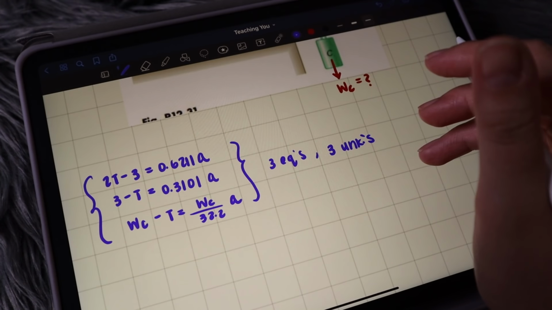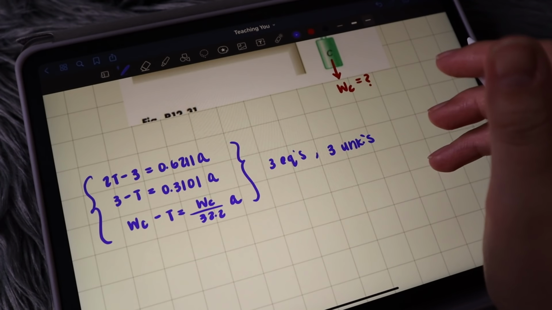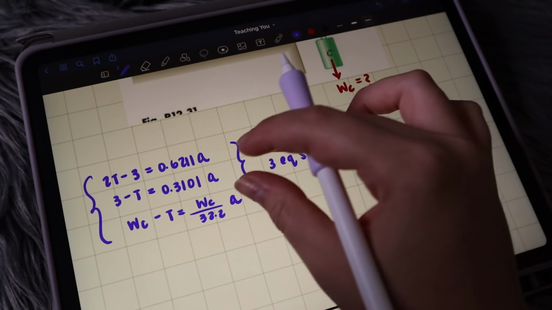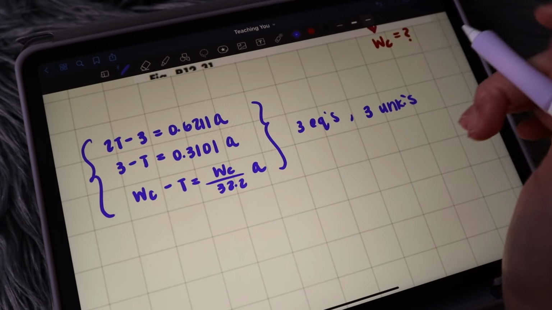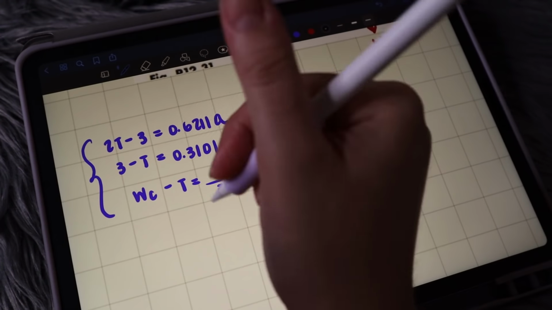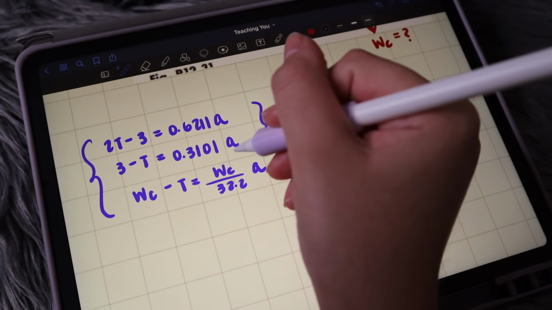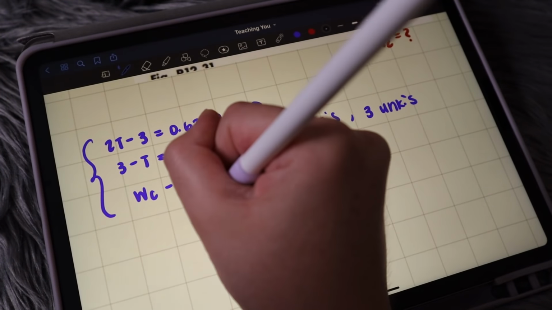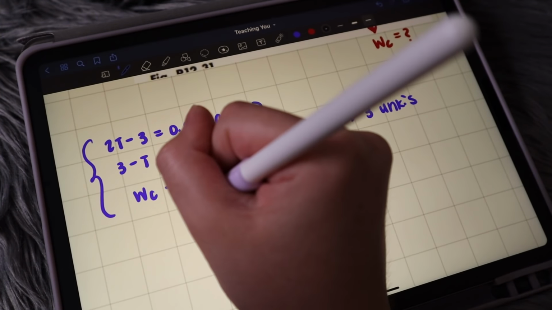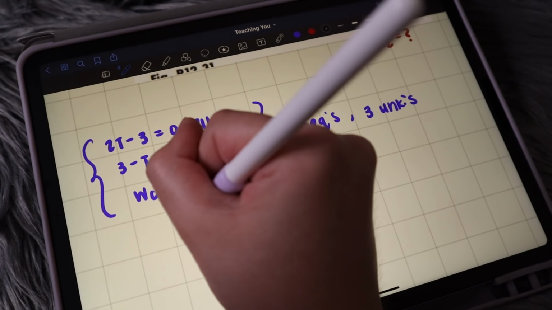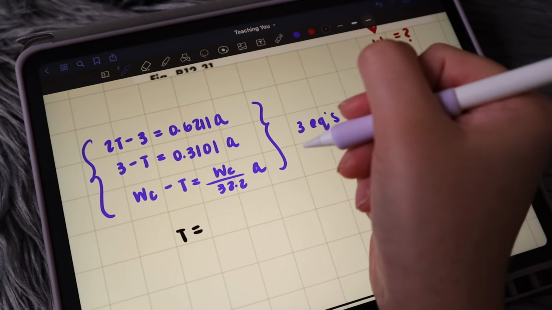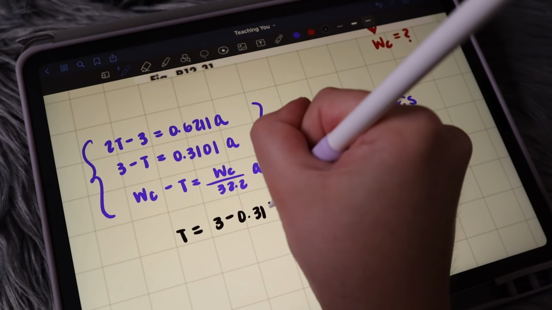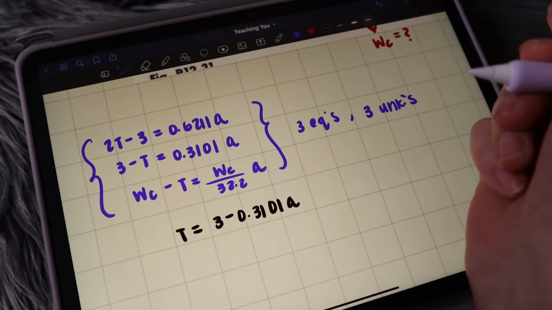So you pretty much can solve this any way you want. You could probably put it in the calculator if you want, or you can just do substitution between equations. So I'm thinking if we use the second equation and solve for t, we'll get t equals 3 minus 0.3101a.